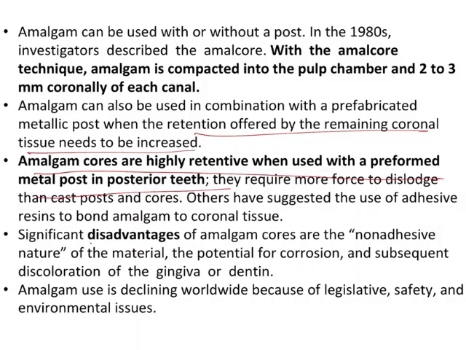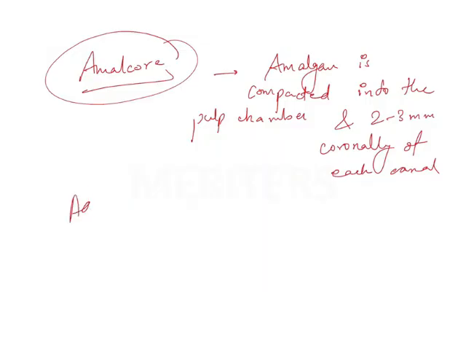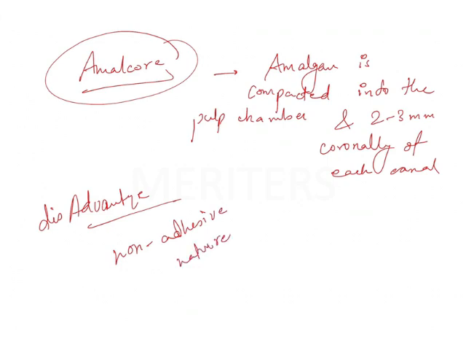And suggestions have also been made for the use of adhesive resins to bond the amalgam to coronal tissue. But now, significant disadvantages are there. The significant disadvantages of amalgam cores are the non-adhesive nature of the material, the potential for corrosion, obviously corrosion will set in if amalgam is there, and discoloration.